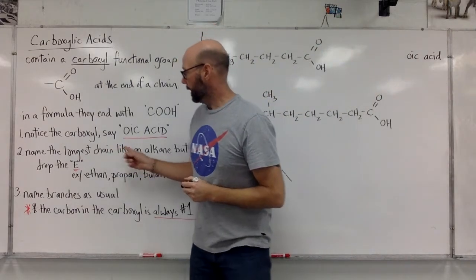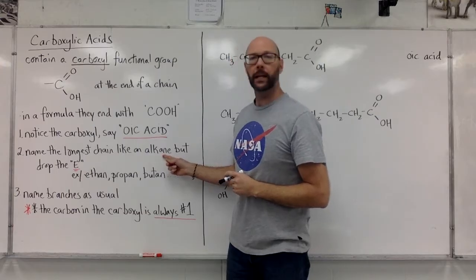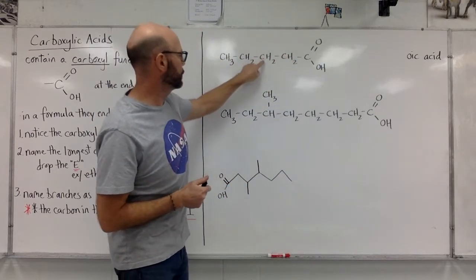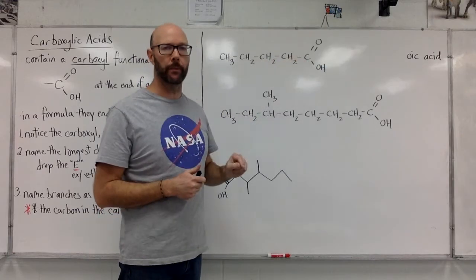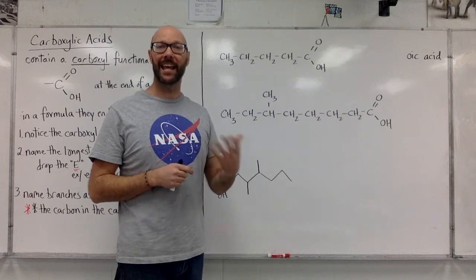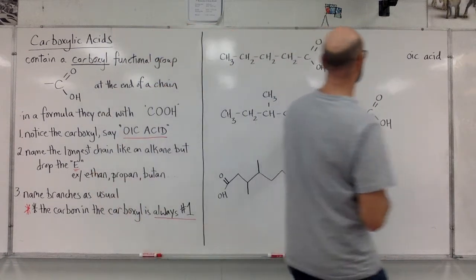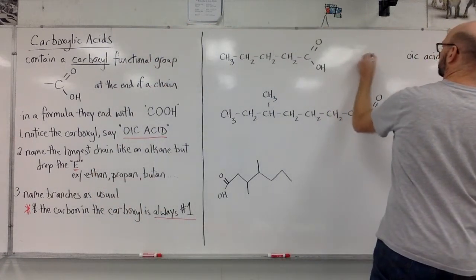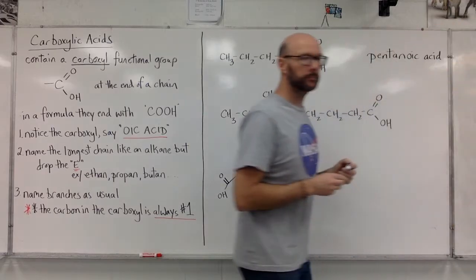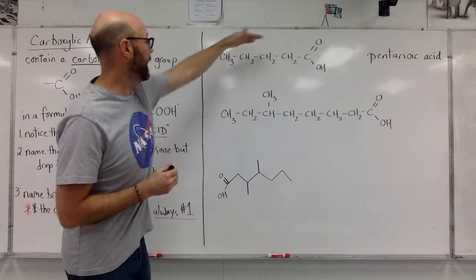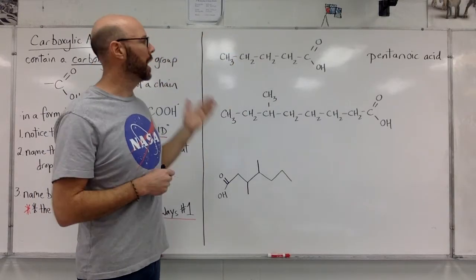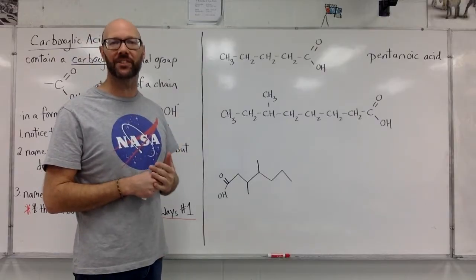Now I'm going to count the longest chain like it was an alkane. 1, 2, 3, 4, 5 carbons. 5 carbons would be pentane, and I'm going to take the E off. This chemical doesn't have any alkyl groups, it doesn't have any branches, so its name is pentanoic acid.